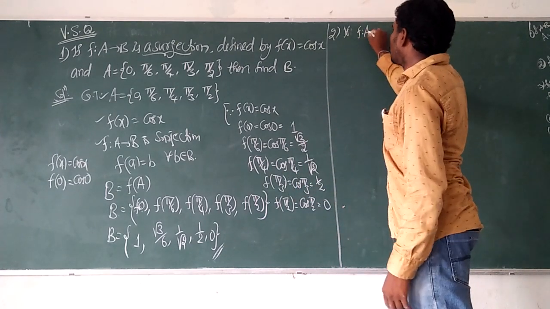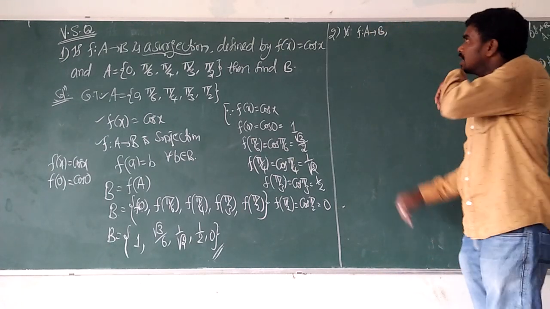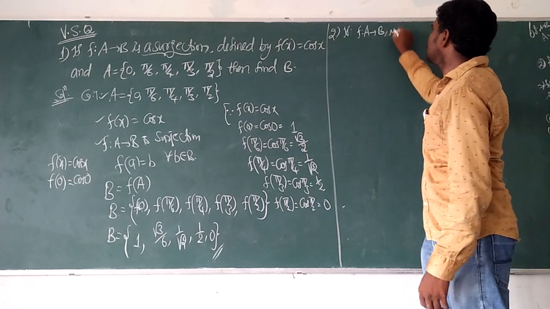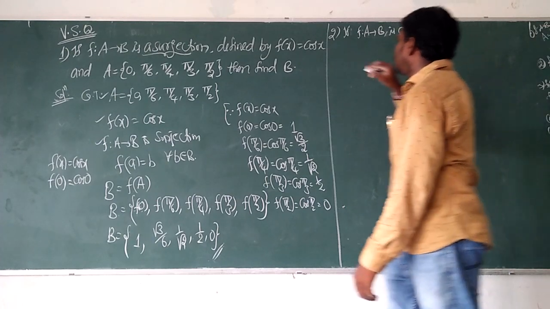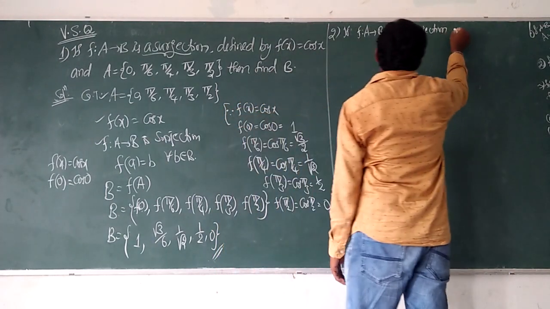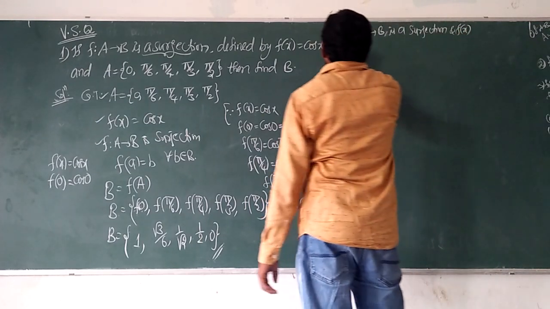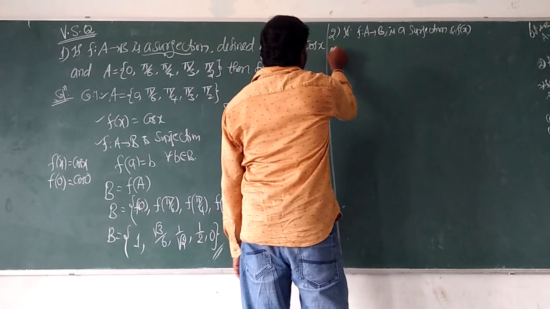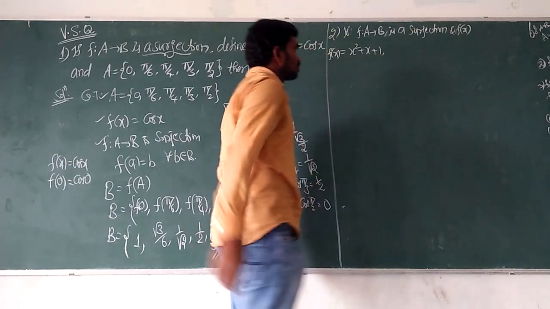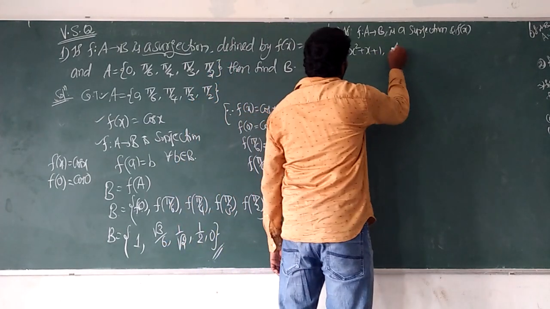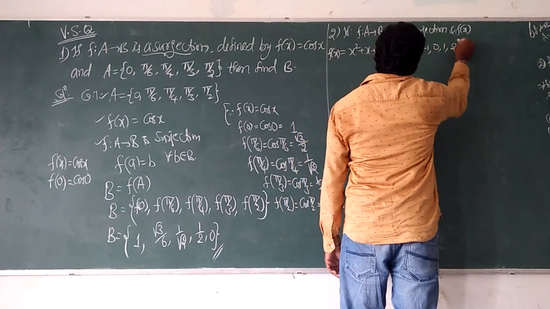F maps from A to B is a surjection, and f of x is equal to x square plus x plus 1, and set A equal to minus 2, minus 1, 0, 1, 2.